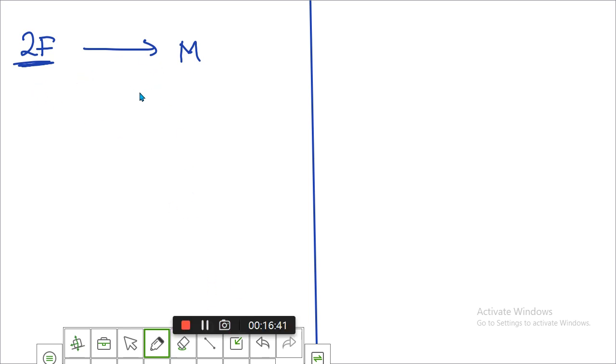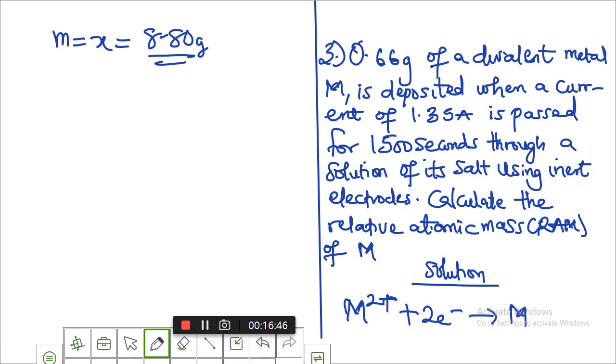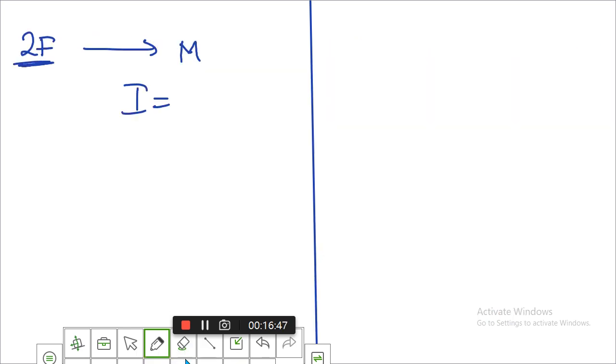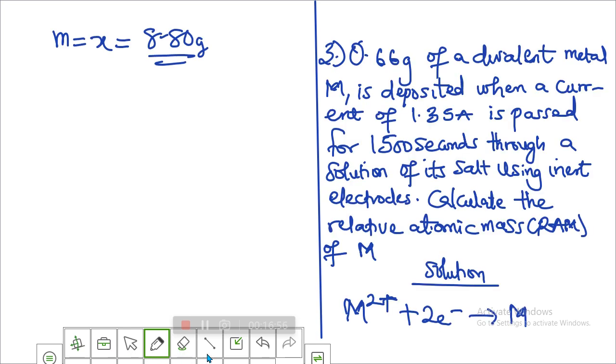They gave us the current of 1.35, and they gave us the time also. They've already converted it for us: 1500.